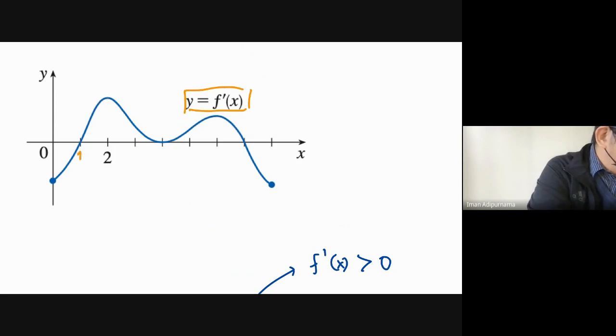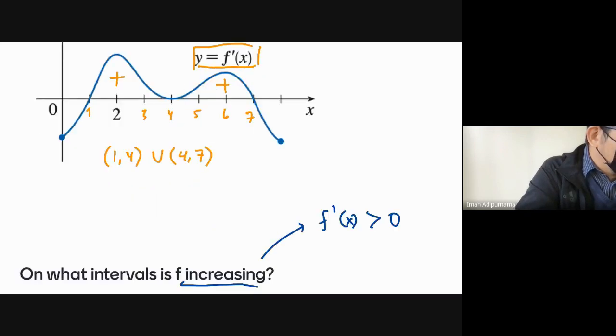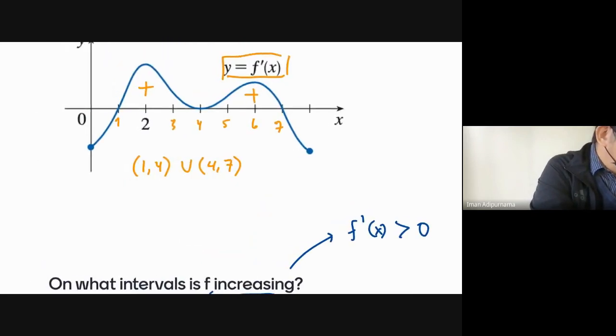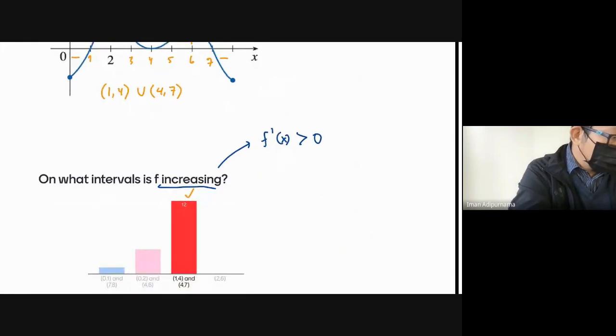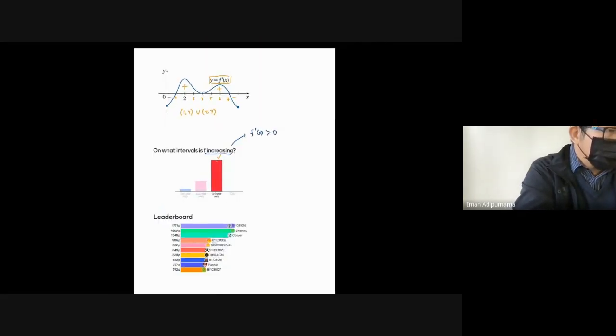If this is 1, 2, 3, 4, 5, 6, 7, the ones that are positive are this one and this one, right? So 1 and 4. That is the answer. The other ones here are negative. I think you did a good job here.